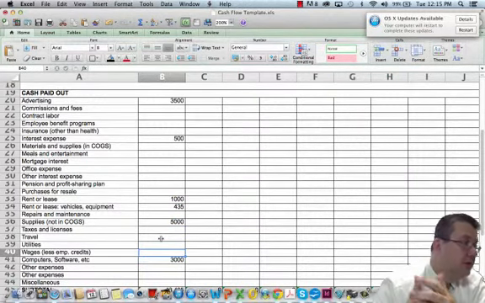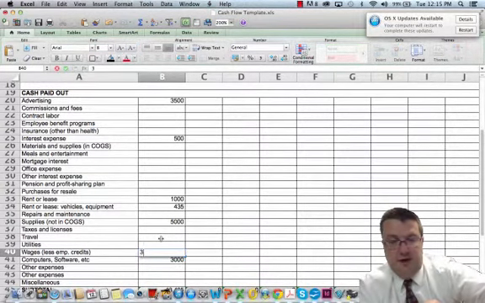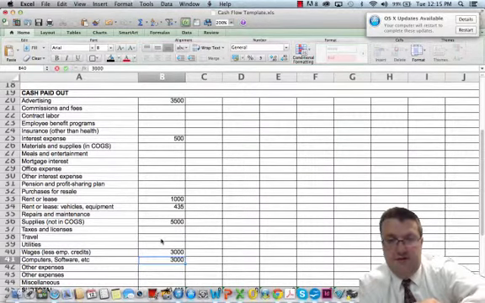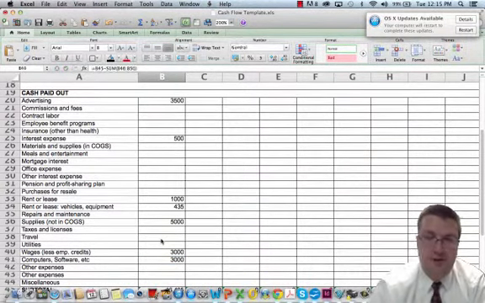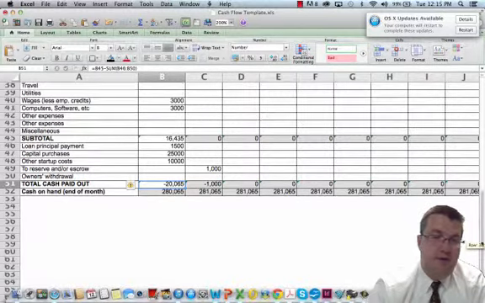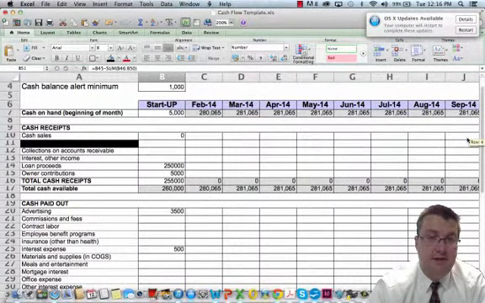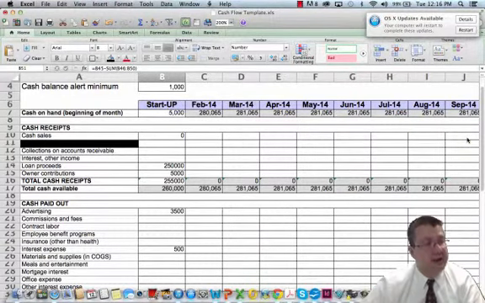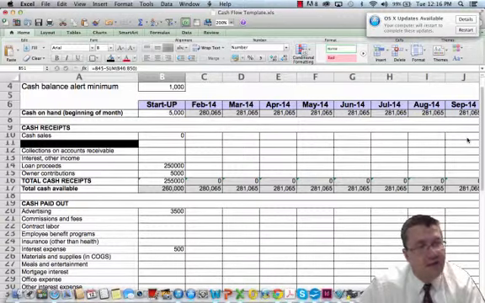I'm going to pay myself $36,000 a year, so I might pay myself $3,000 in wages during the startup period. So I spent $20,000 and I didn't bring in any money.